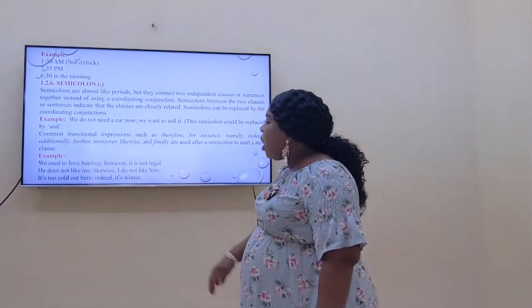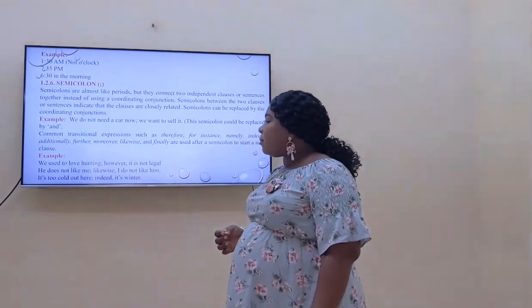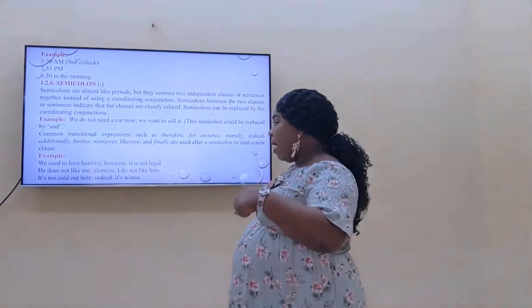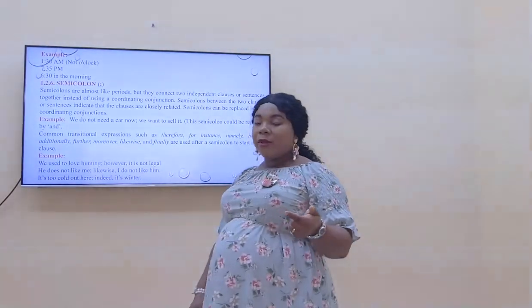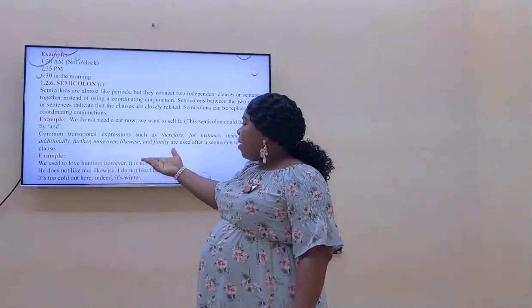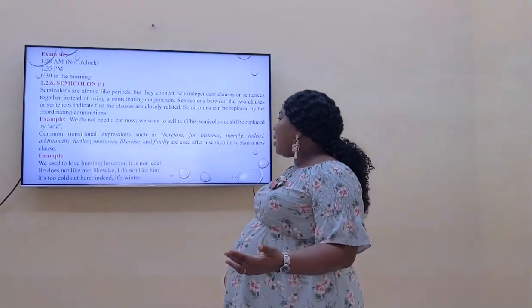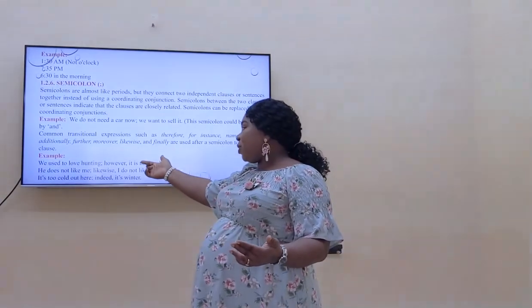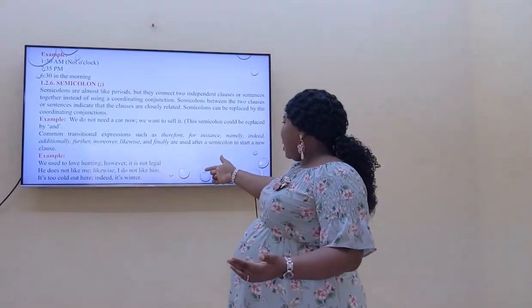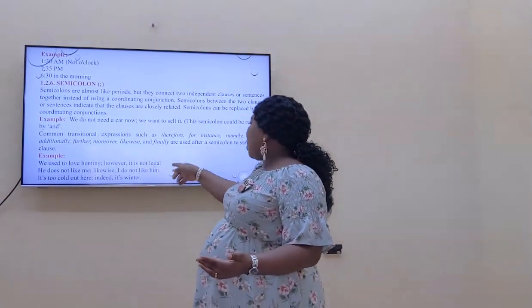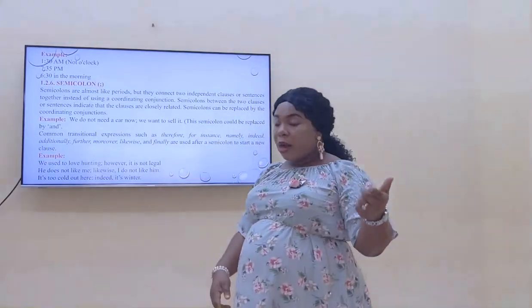Let's see an example. We used to love hunting, semicolon. However, it is not legal. See that? We used to love hunting is an expression. However, okay, a common transitional expression, however, it is not legal. So you're using however to introduce a new clause.